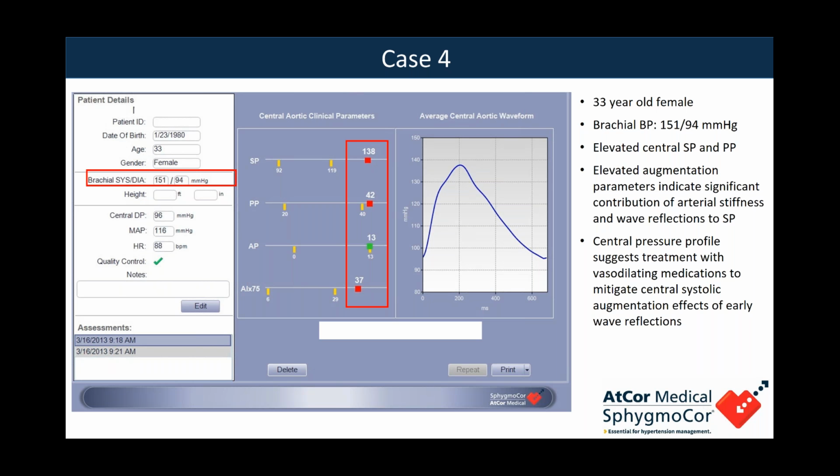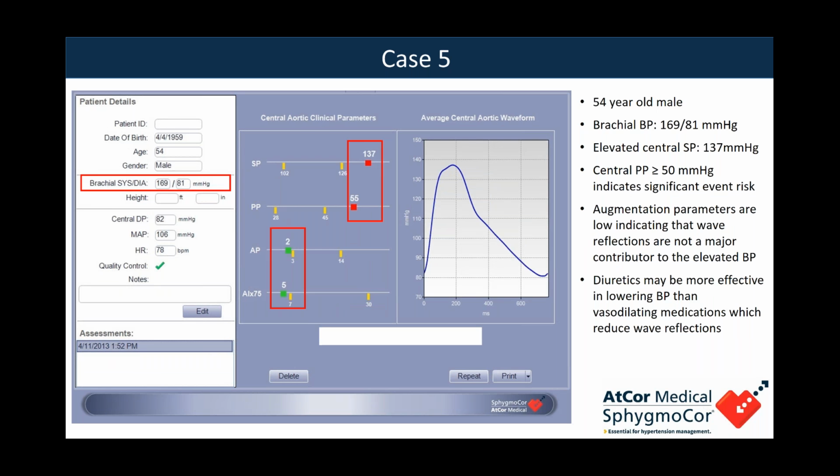The central pulse pressure and central augmentation pressure are significantly augmented with beta blockers due to this timing phenomenon where the heart rate is slowed and therefore the reflected wave merges much more significantly with the outgoing wave. And we'll see another case of that after, I believe the next case might illustrate that.